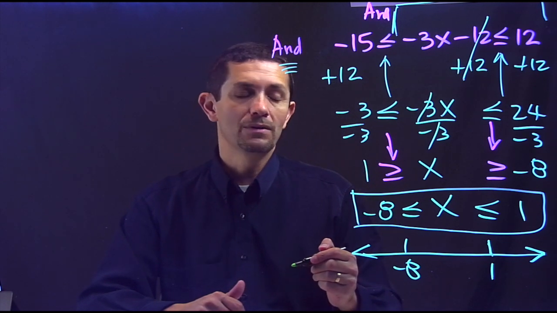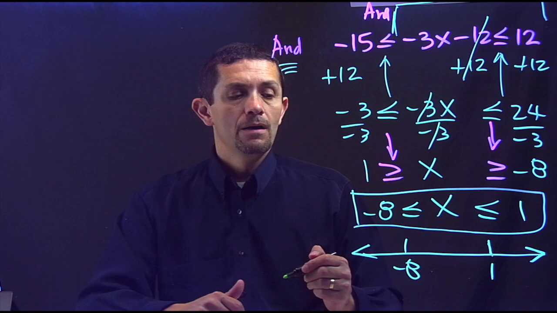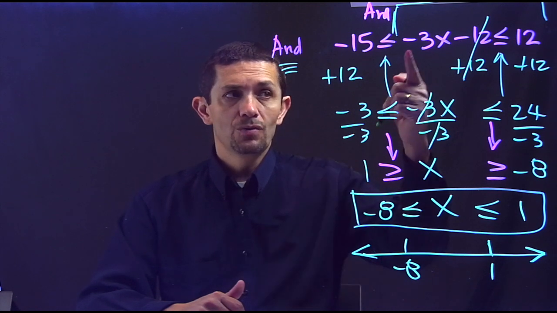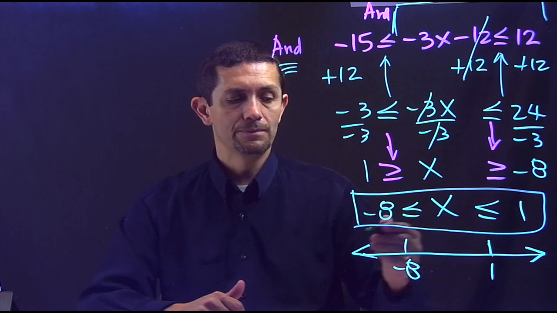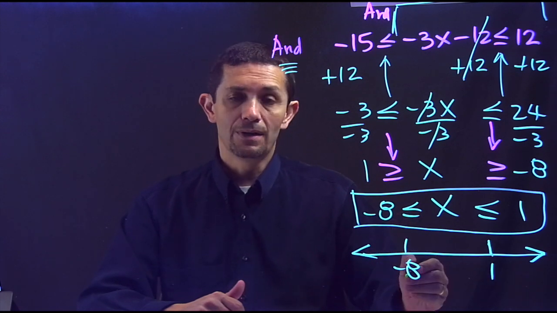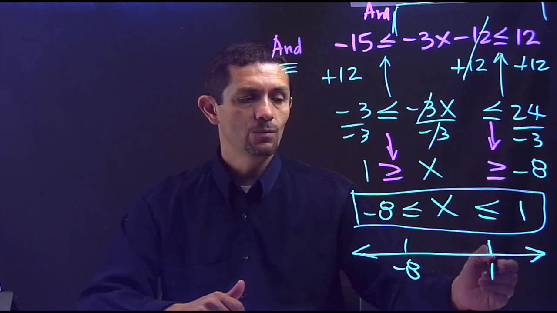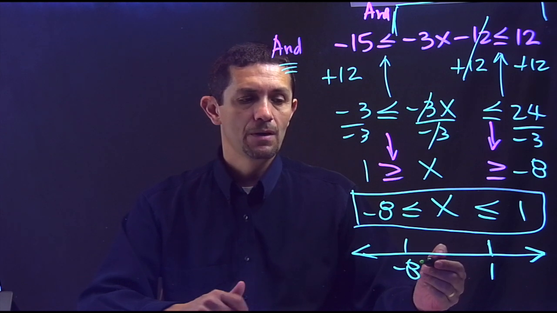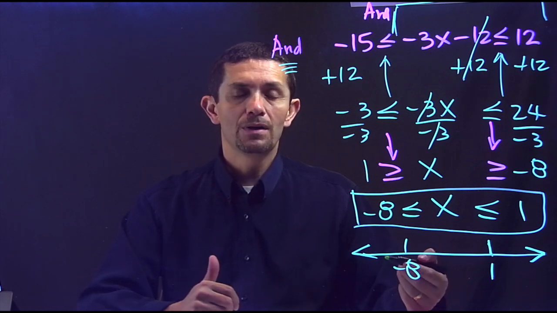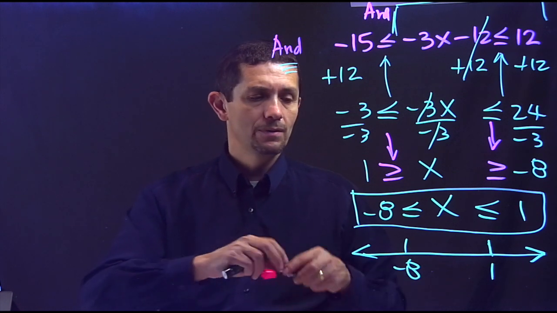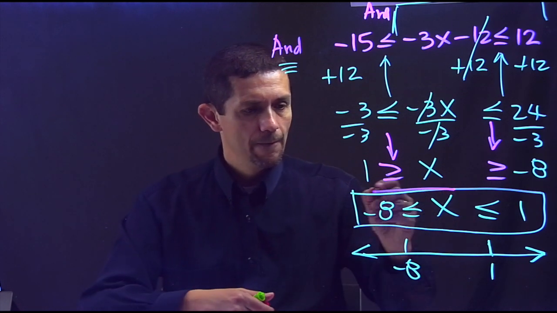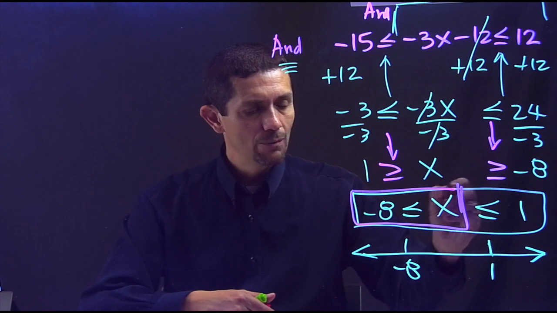This is a compound inequality. In the beginning I said we're going to solve and graph. So I have my number line. I brought down the negative 8 and the 1 as well. When we graph, we graph one inequality at a time. My first inequality that I'm going to graph is this, all the way up to here.